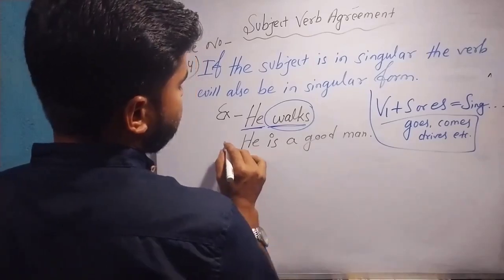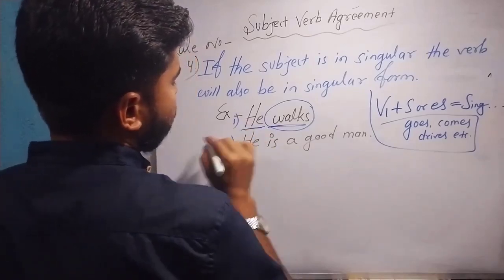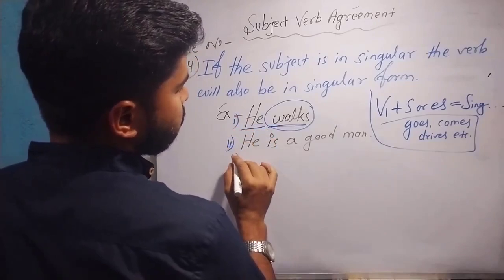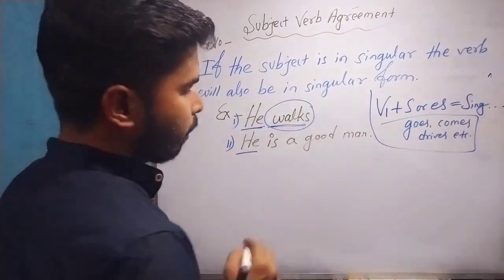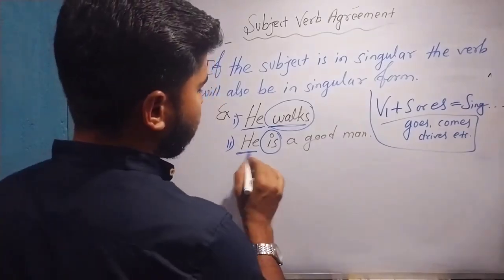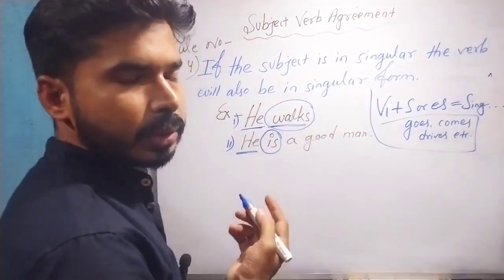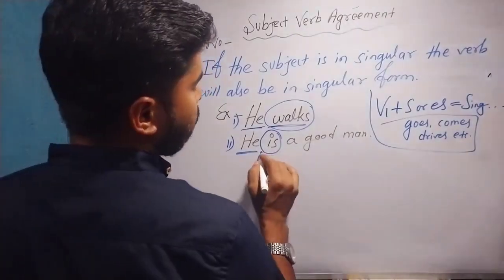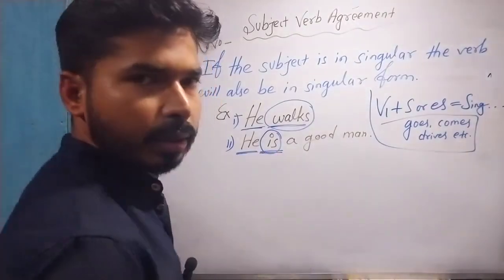In the next example, the subject is he again, and the verb is singular, because he always refers to the singular form.